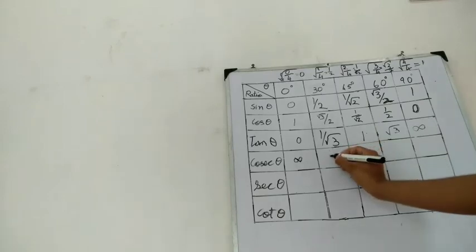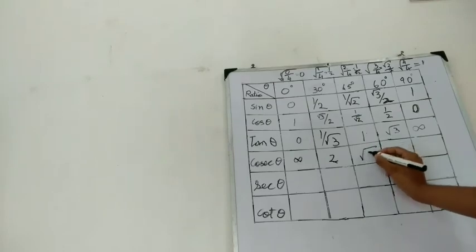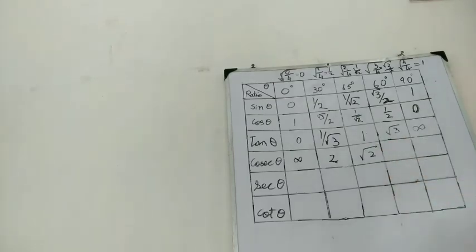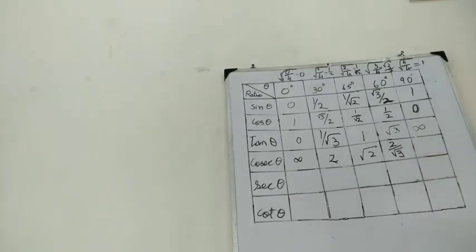Inverse of 1 by 2 is 2. Inverse of 1 by root 2 is root 2. Inverse of root 3 by 2 is 2 by root 3. And inverse of 1 is 1.